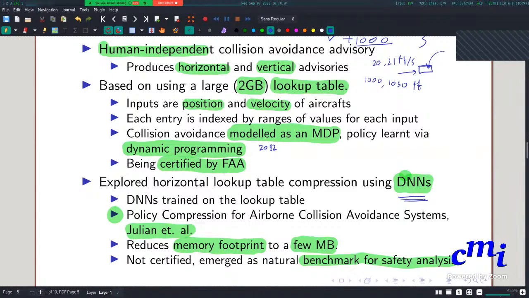And I think there was this one paper at NFM, where they showed that under certain conditions in closed loop analysis, these DNNs can produce collisions in some situations. I remember that. By the way, for people who are not familiar, NFM is the NASA Formal Methods Conference.